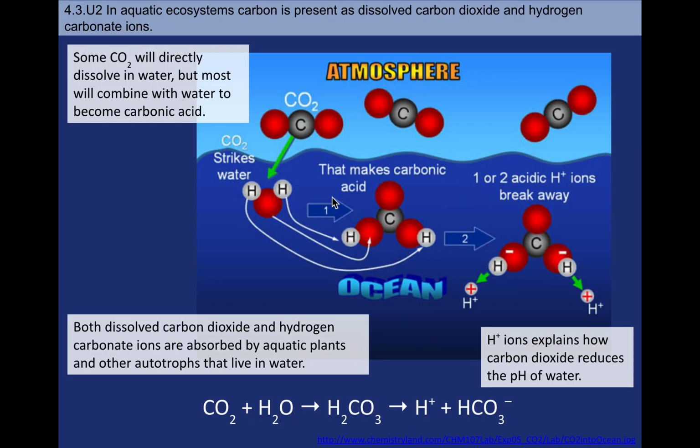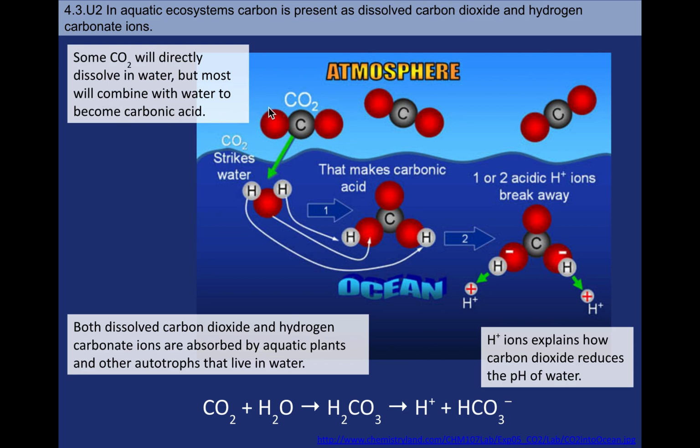Okay, so the next part is that in aquatic ecosystems, carbon is present as dissolved carbon dioxide, but also as hydrogencarbonate ions. So you maybe have heard of something called ocean acidification, and this is part of how that ties in. Normally, carbon dioxide will directly dissolve into water from the atmosphere, but most will combine with water to become carbonic acid.